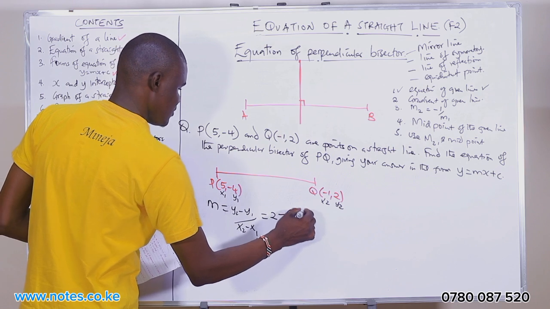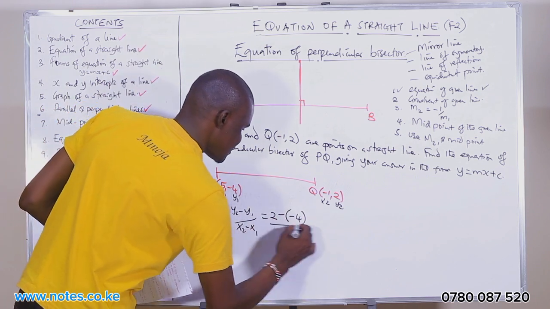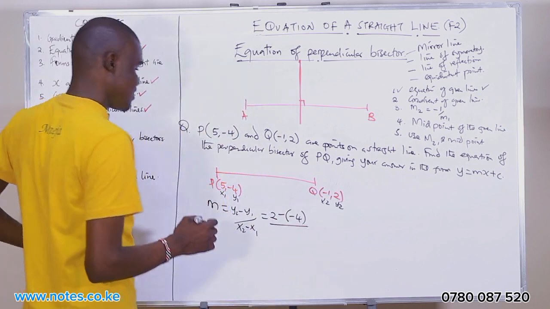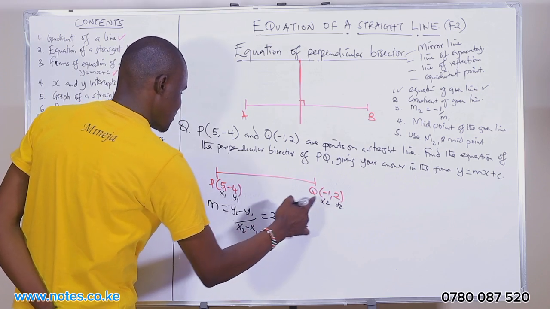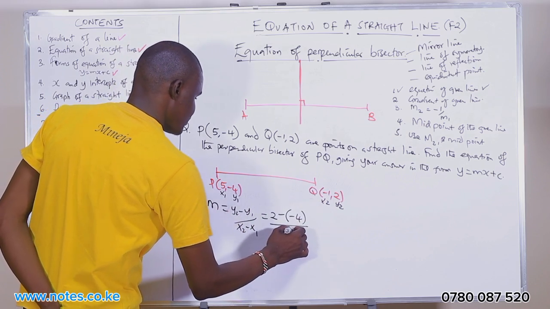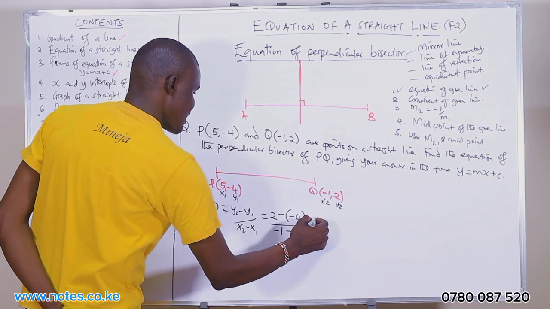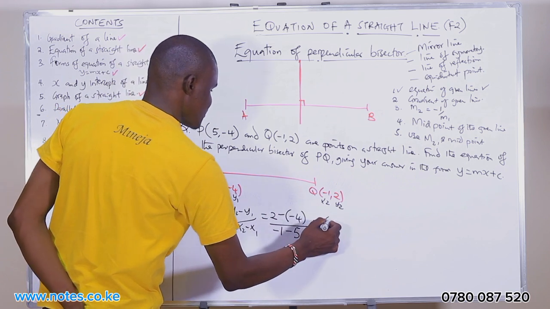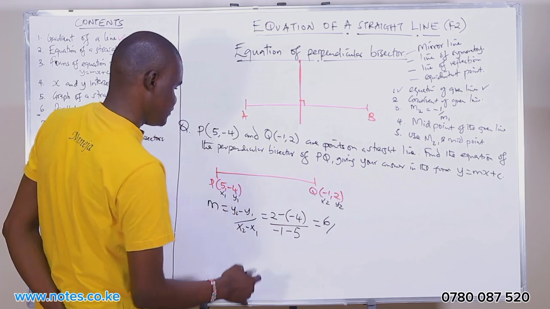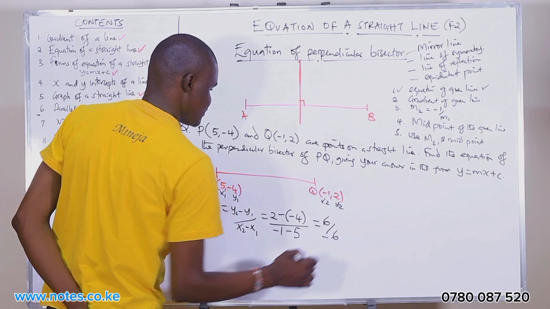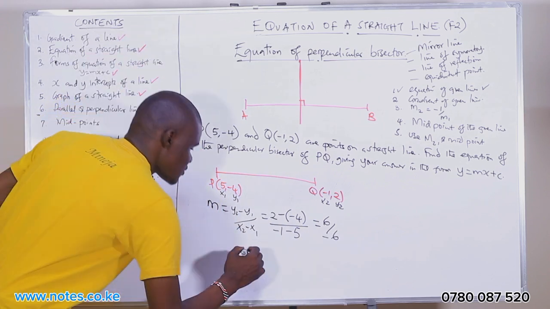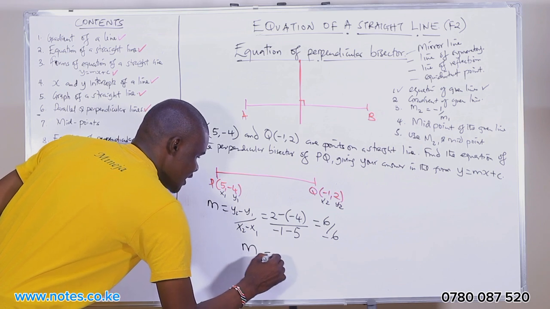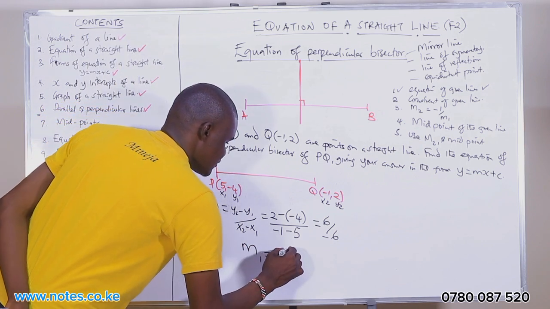Again, you be keen. You see how they do it in exam. They trick you with the negative so that you get confused. So be very wise. x2 minus x1. So gradient here will be 6 over -6. I hope that is correct. So our M1 is -1.